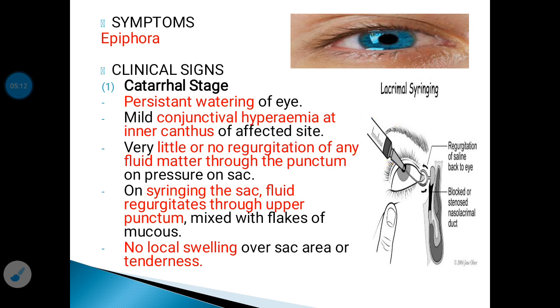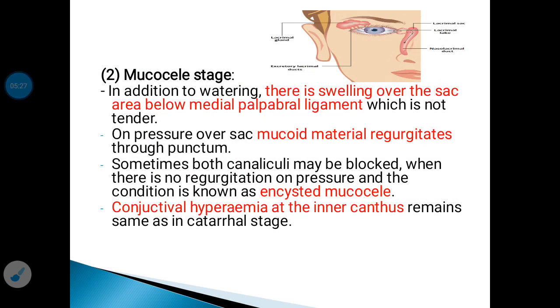On syringing, the fluid regurgitates through the upper punctum mixed with flakes of mucus. No local swelling over the sac area or tenderness will be present in the catarrhal stage.